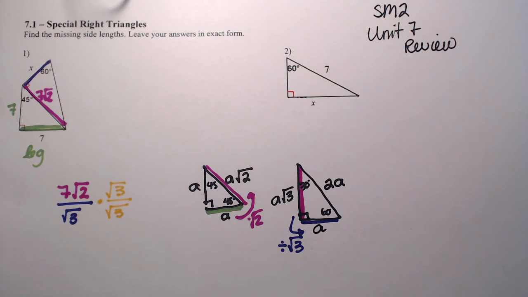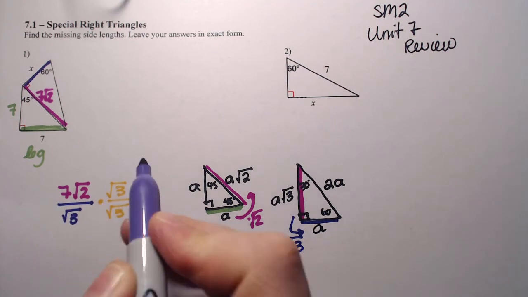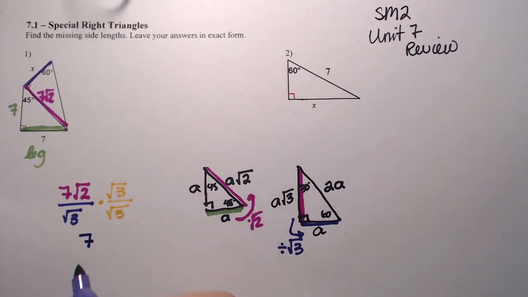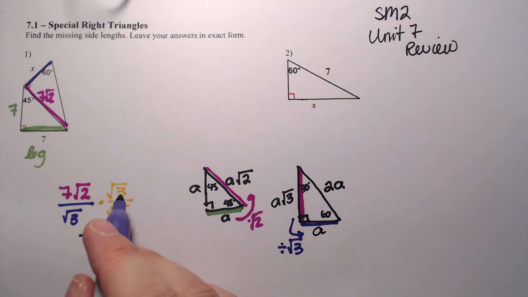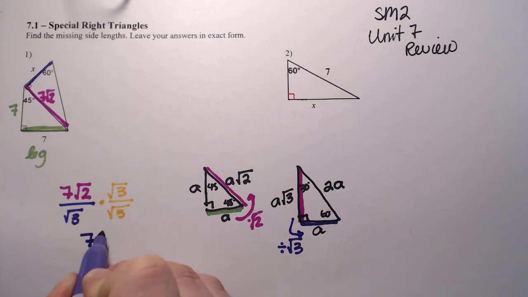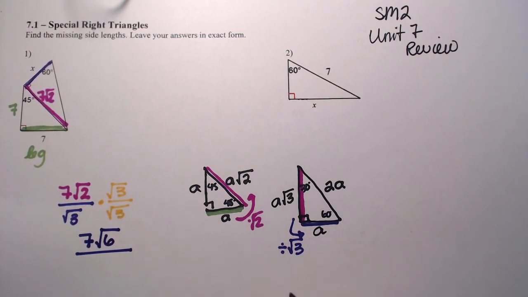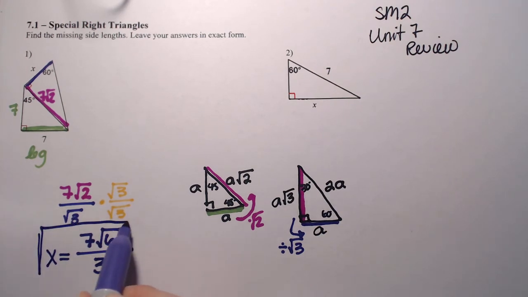When I multiply straight across, I get 7 times square root of 2 times square root of 3. So the 2 and the 3 can multiply because they're both underneath a radical: 7 square root of 6. And then square root of 3 times the square root of 3 is either the square root of 9, which is 3, or the squares undo, and it's 3. So in this first one, this is what that side is.